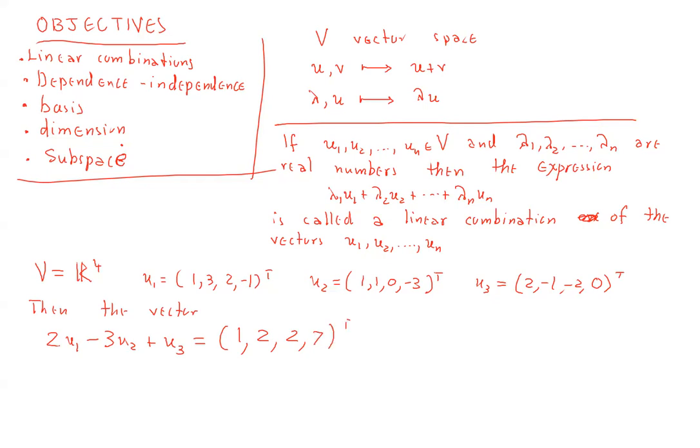So this vector is a linear combination of the vectors U1, U2, and U3. What's the significance of linear combinations?